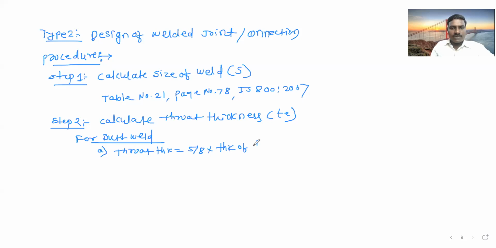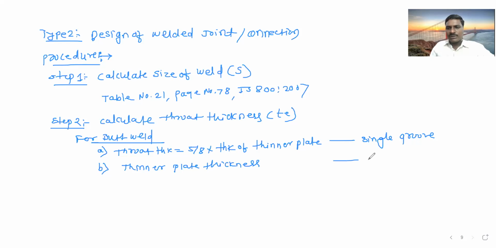Thickness of thinner plate. Getting it? This is for single groove, correct? And for double groove, it is 5/8 into B, the thinner plate thickness. Is this correct? We have written this in type 1.